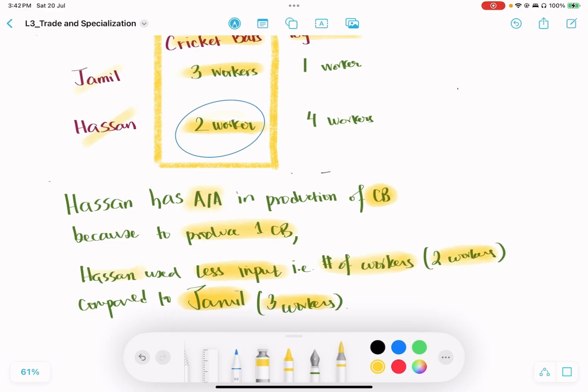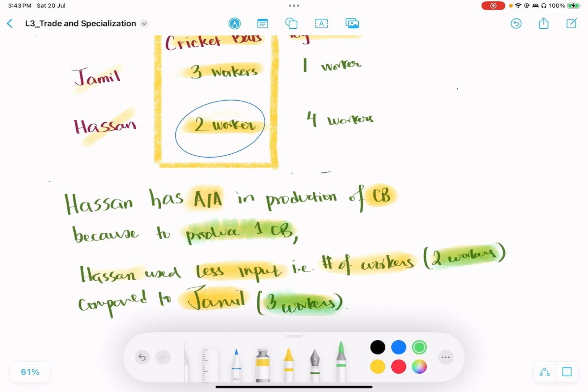So clearly Hassan has the absolute advantage. A complete answer will specify who's got the absolute advantage, what the fixed output is, and it's definitely going to make a reference to the table.